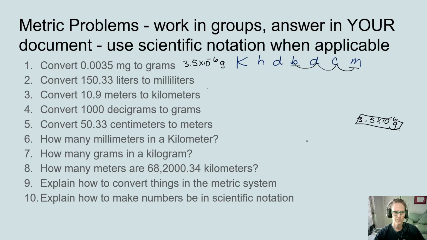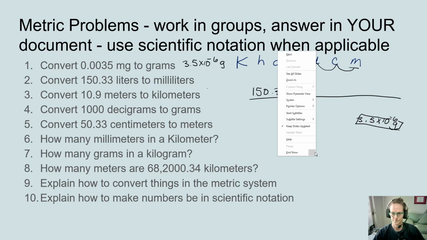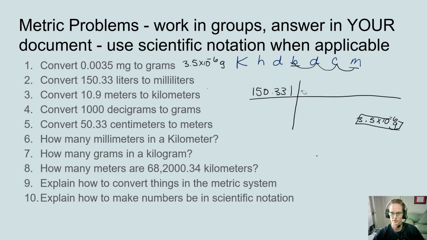Okay, let's look at the second one. So now we have 150.33 liters, and we need to go to milliliters. So this time we are going to start with liters, and we're going to move over to milliliters.